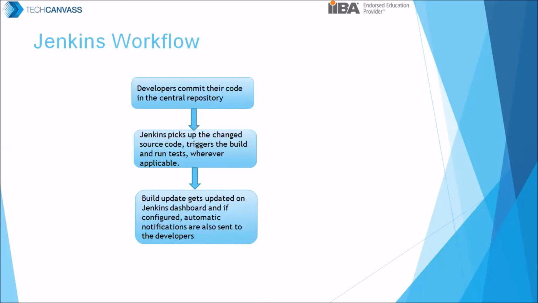The developer commits their code in the central repository, which may be SVN or something. Jenkins picks up the changed source code and triggers the build. It starts creating the build and runs the tests which are applicable for that. The build gets updated on the Jenkins dashboard, and automatic notifications are sent to the developers.